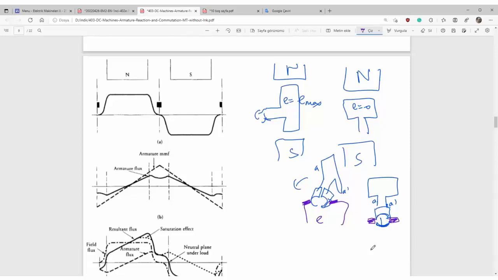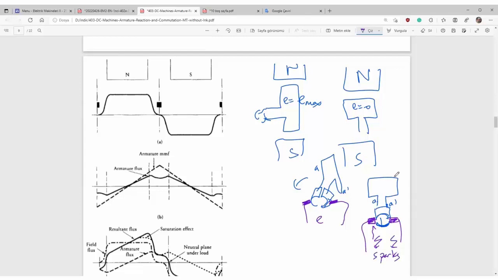It's dangerous. What is the danger? Here you see the brush causes a short circuit between the segments. Houston, we've got a problem. Here would be a spark. And we must have a solution for this.